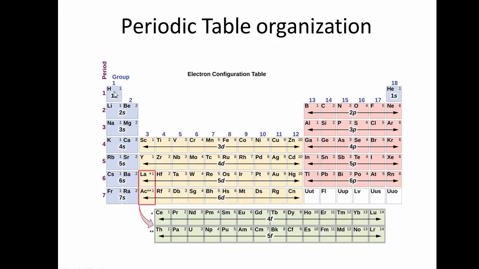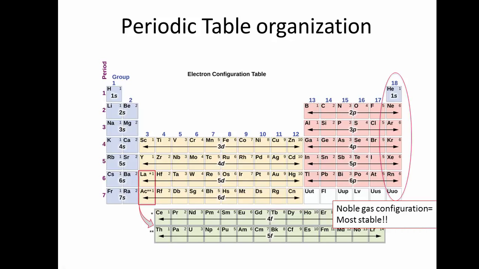And so you can see that the periodic table is literally just set up in the fashion that the electrons fill in according to our solutions to the Schrodinger equation and the Aufbau principle. So we have an S block, a P block, and a D block, and also an F block. So this is our periodic table.